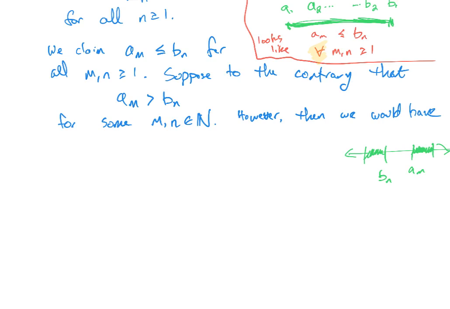However, then we would have An is less than or equal to Bn is less than Am is less than or equal to Bm. So the intervals wouldn't nest.